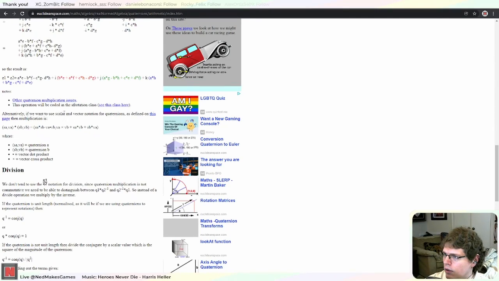Alternatively, if we want to use scalar and vector notation for quaternions, we could define quaternion multiplication as the scalar values minus, so scalar A times scalar B minus vector A dot vector B, and then vector A cross vector B plus.